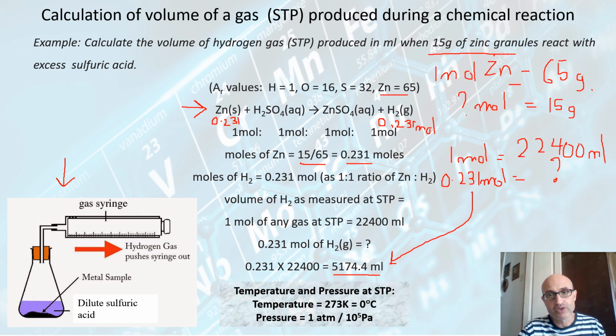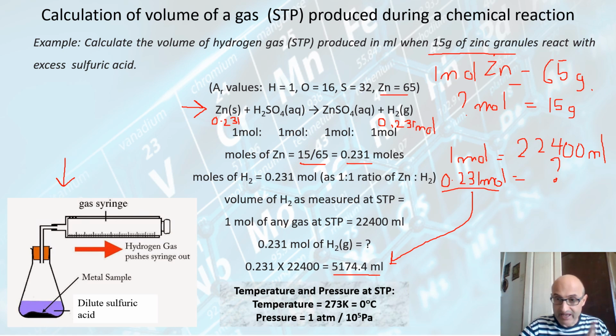Now be aware that the question could have been asked in a different way. The examiner could have asked you to calculate the mass of reacting zinc granules, given that the volume of hydrogen at STP was this much. In which case you'd work in reverse. You'd first determine the moles of hydrogen gas, and you'd find it to be 0.231 moles.